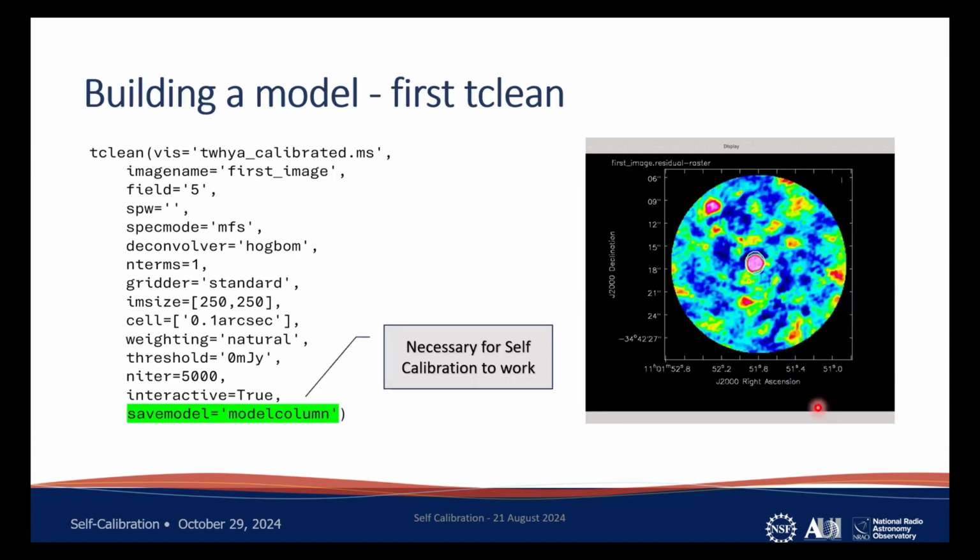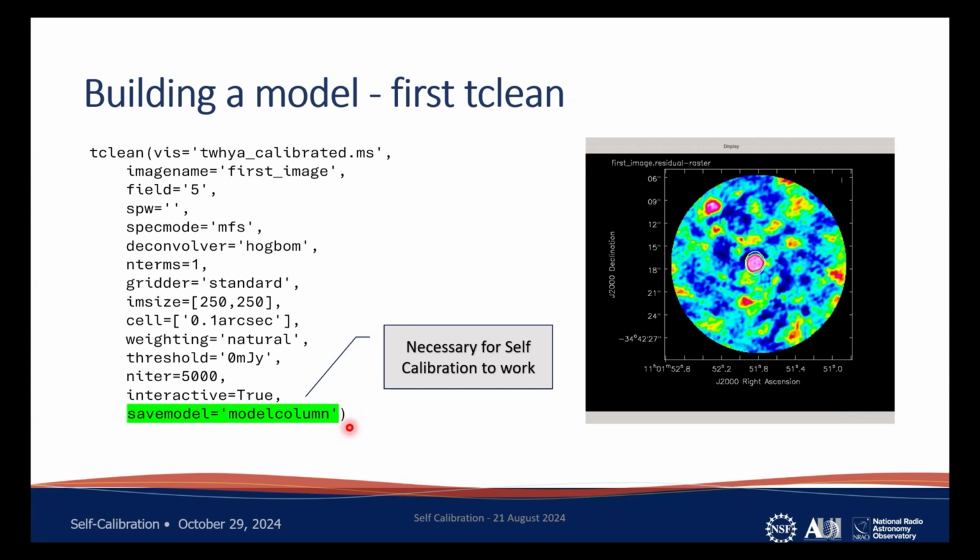And now we are going to build our model. We are going to do the first clean to create a model. So we input again the measurement set visibility file. All the commands are the same as the previous one, but we need to add savemodel equal to modelcolumn. This will save the model, because we need to use the model for self-calibration.